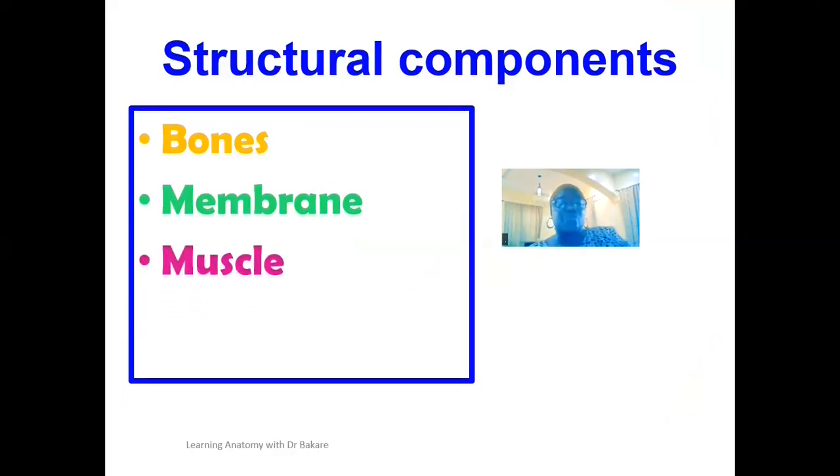We also have muscles contributing to the alignment of the lateral pelvic wall. Then we have ligaments. A number of ligaments are also seen around this region. So these are the structural components of the lateral pelvic wall, and we would be establishing each of these components to see how they are positioned and finally seen to align with the lateral wall of the pelvic cavity.